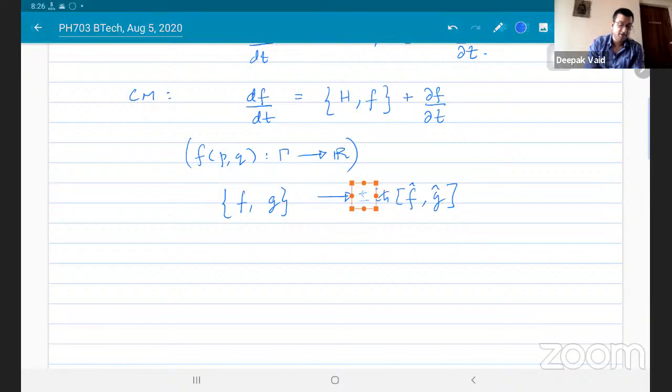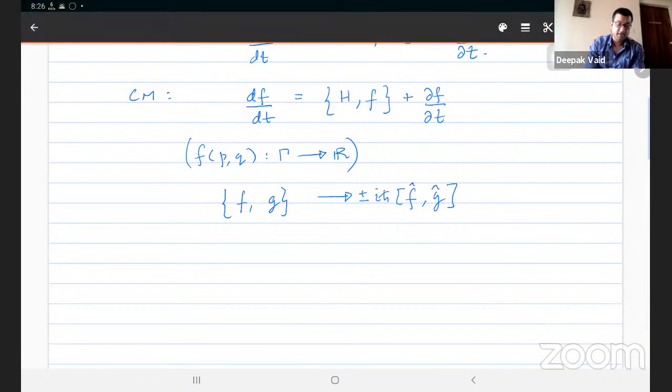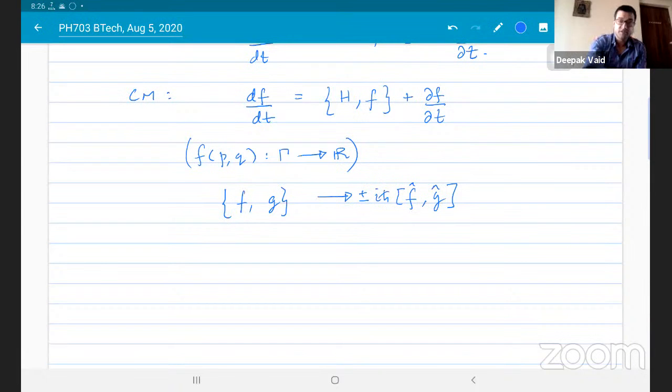There is some sign here, plus or minus, because you have an i. The sign is a matter of convention, but we have to be careful. We can't arbitrarily change the convention in the middle, so that is one thing we do have to be careful about.